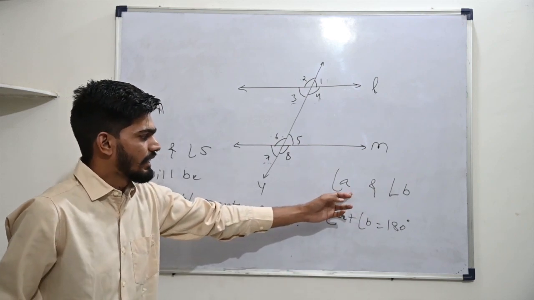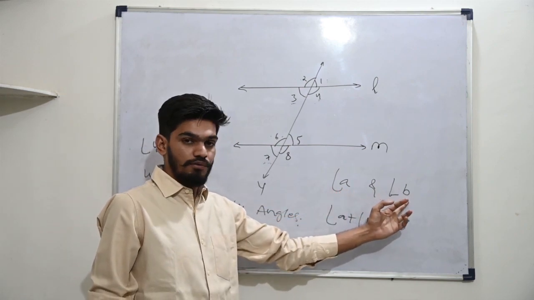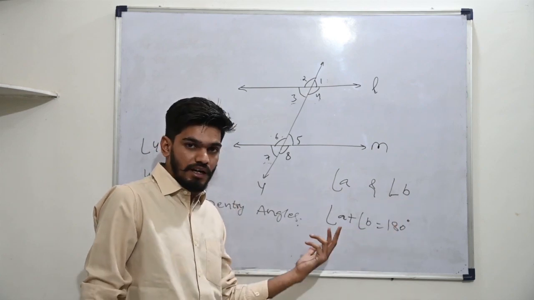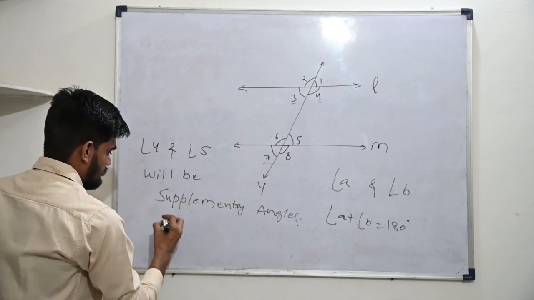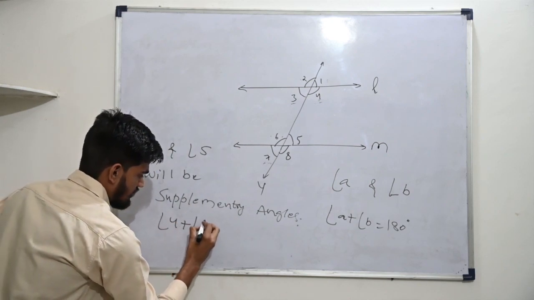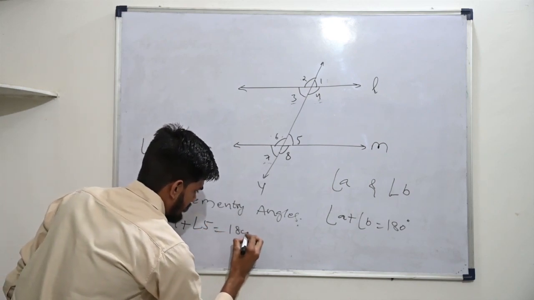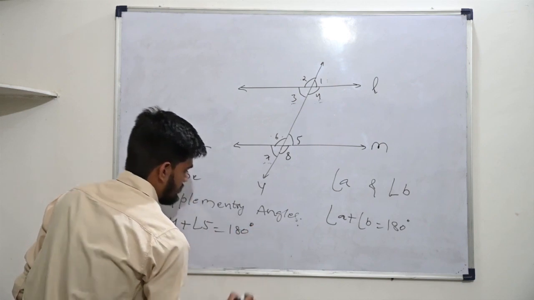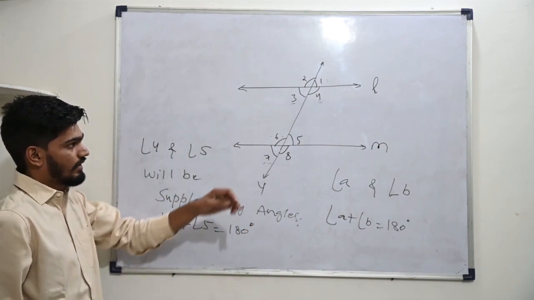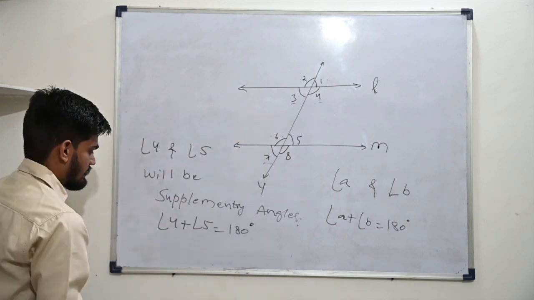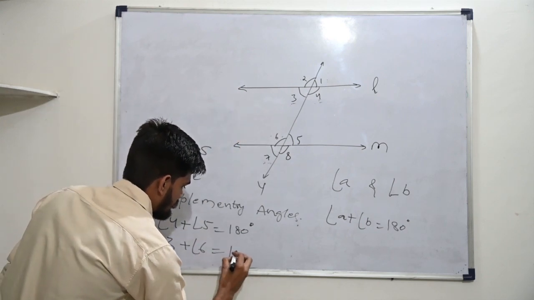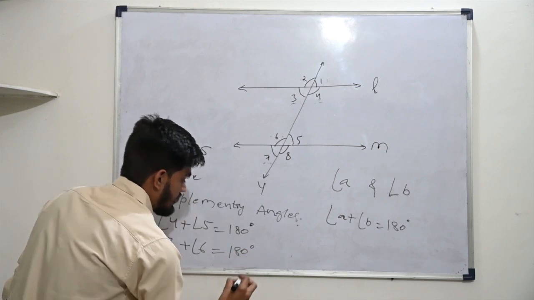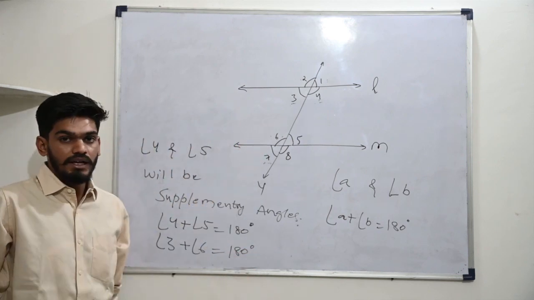That means angle A will be supplementary of angle B and B will be supplementary angle of A. So here angle 4 plus 5, their sum will be 180 degree. Alright, the same way angle 3 and 6, they will also be pair of supplementary angles.